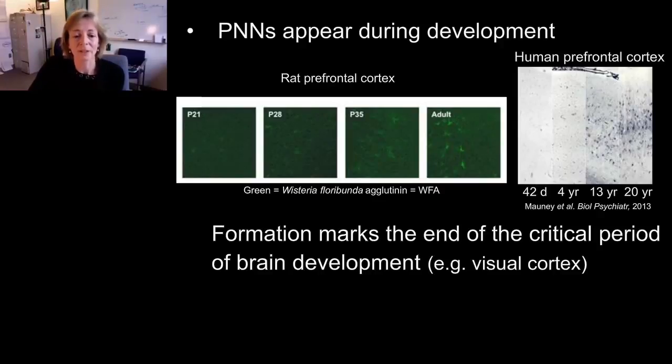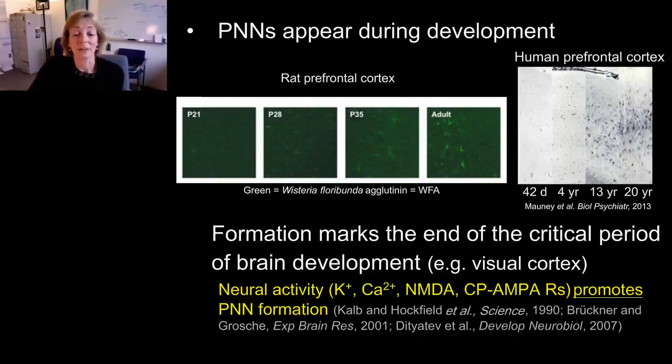Their formation is really interesting in that it marks the end of the critical period of brain development. For example, in the visual cortex, these are very important and mark the period when ocular dominance plasticity closes. That is the window of opportunity when there's still plasticity, and so net formation co-terminates with the closure of ocular dominance plasticity.